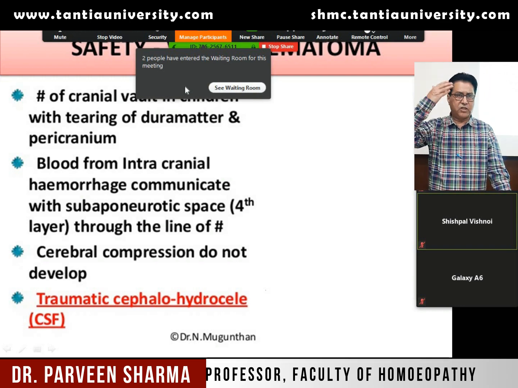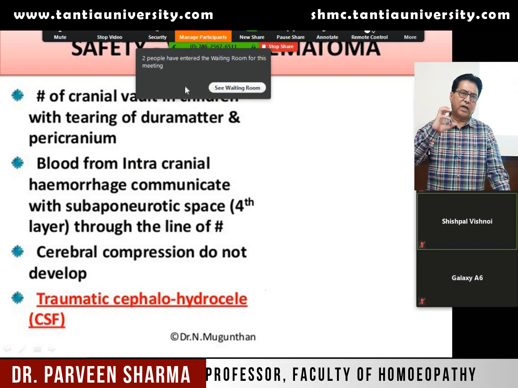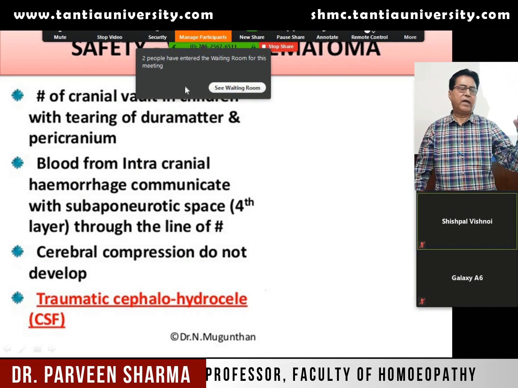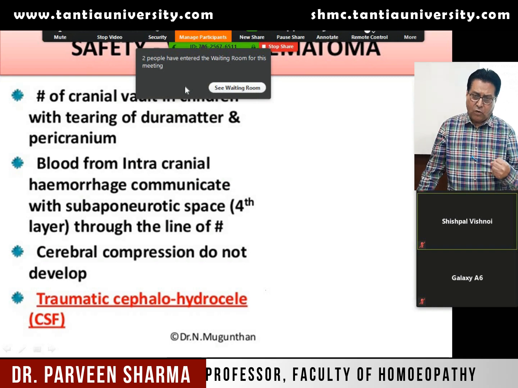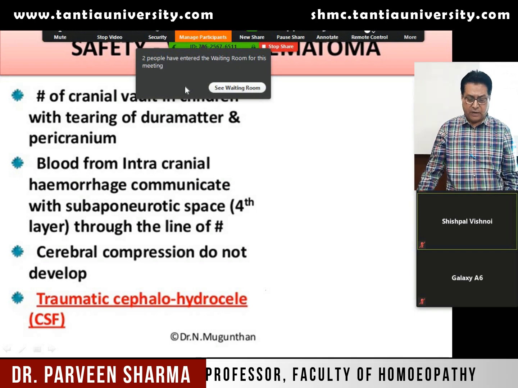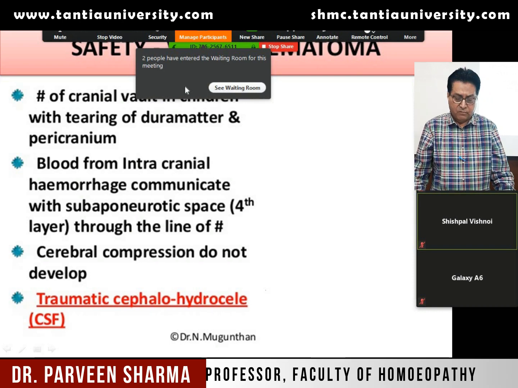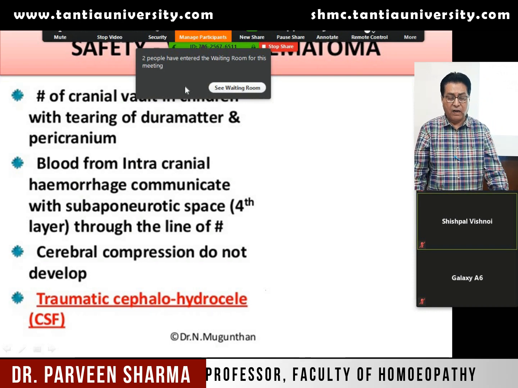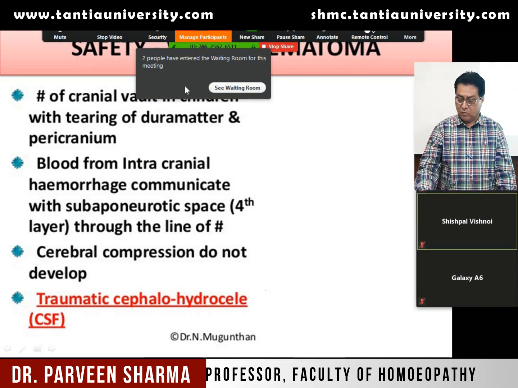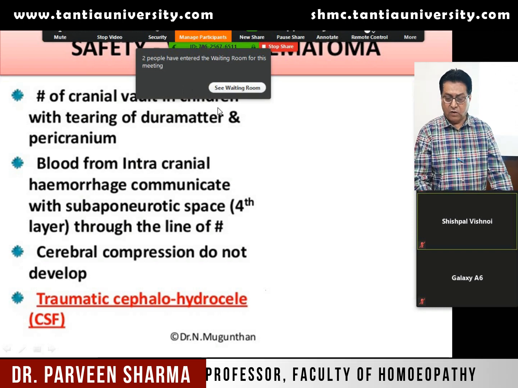So if there is any fracture, through the line of fracture, the intracranial blood can come out extracranially. Normally in an adult, when it happens, there are chances of compression on the brain. But in this case, the cerebral compression does not develop because of this safety valve hematoma. So that is one of the applied aspects of your skull.